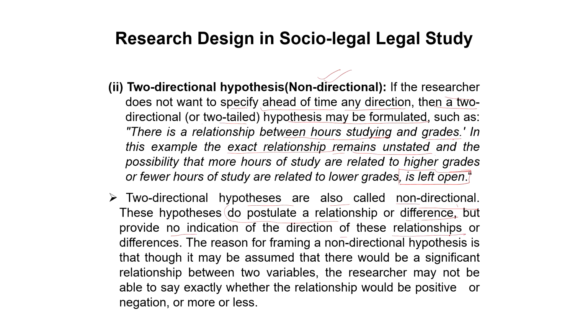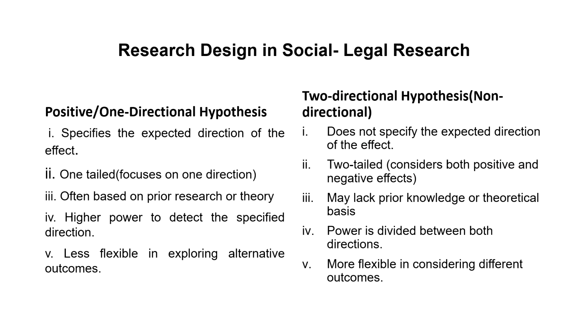As in the problem we discussed, the relationship between hours studying and grade does not indicate the direction of the relationship or the difference. The reason for framing a non-directional hypothesis is that, though it may be assumed there would be a significant relationship between the two variables, the researcher may not be able to say exactly whether the relationship would be positive or negative, or more or less.